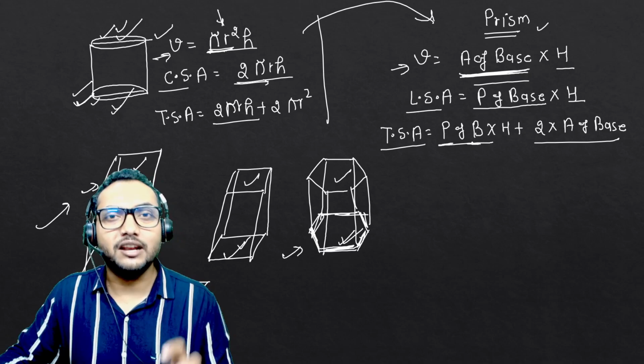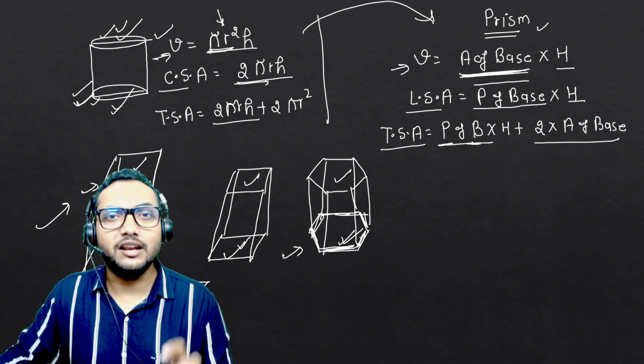So the formula for the total surface area of a pyramid is pi r l, already written as half of perimeter of base multiplied by slant height, plus pi r square, that means the area of base. That's it. I hope this is clear to all of you how you can derive the formula of a prism and pyramid with the help of cylinder and cone respectively.